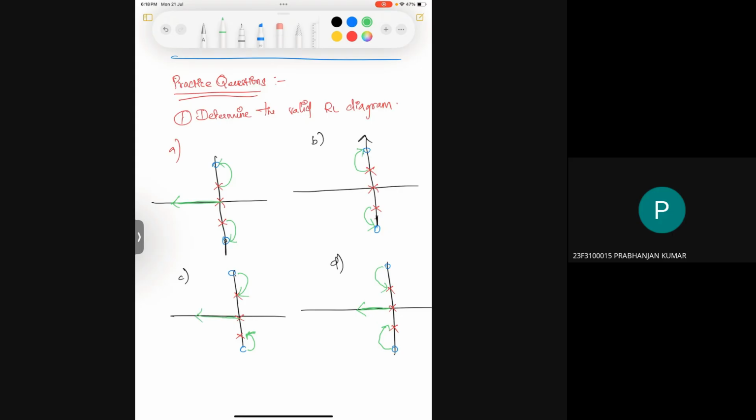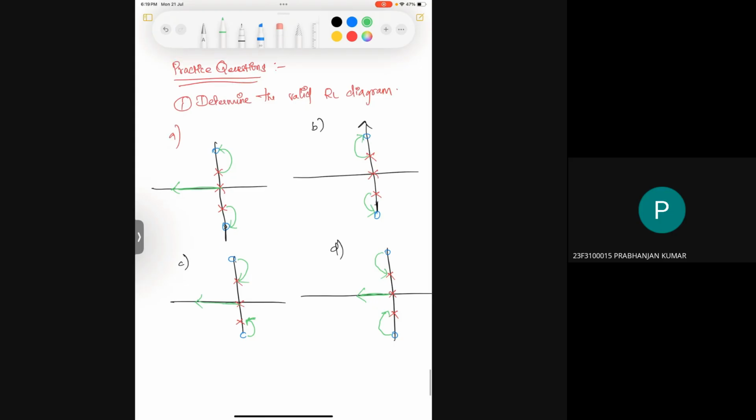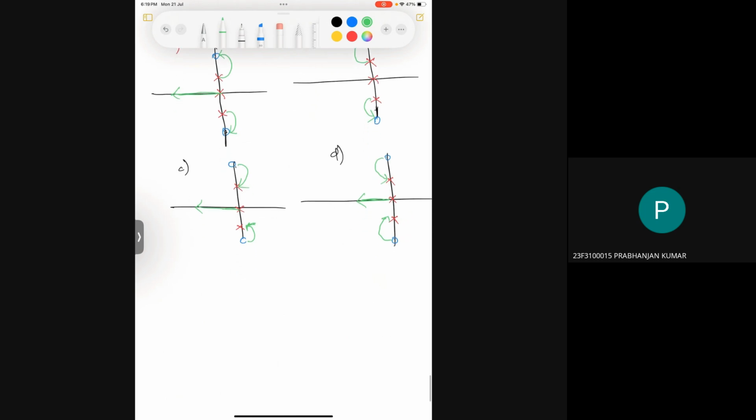There are 4 options I have given. The question is, find the valid root locus diagram. What do you think is correct? A should be the correct one.